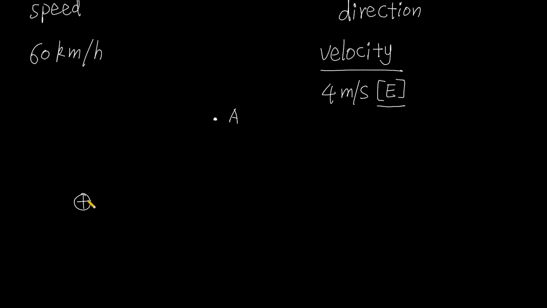And we can draw a vector from the reference point to object A. So this vector represents the position of object A. So in kinematics, position is a vector.